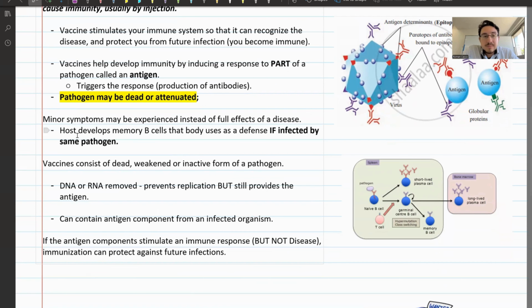Once you get immune, right, you could still get some symptoms, but you won't get the full intense symptoms as if you were getting it the first time, right? So by having these B cells reading, right, analyzing the antigen, you will produce a defense against the pathogen.